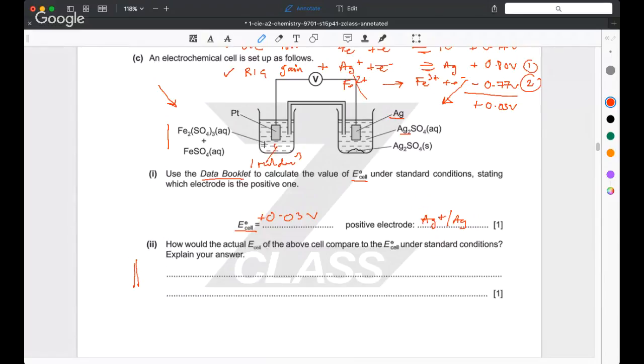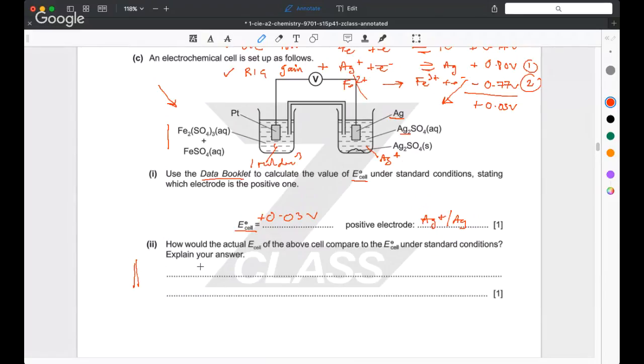But you know from the earlier work you did in the question that it's impossible to get a standard solution of 1 mole per decimeter cubed silver ions, because the silver sulfate is only very, very sparingly soluble. So under real conditions, not standard conditions, the silver ion concentration is much, much less.